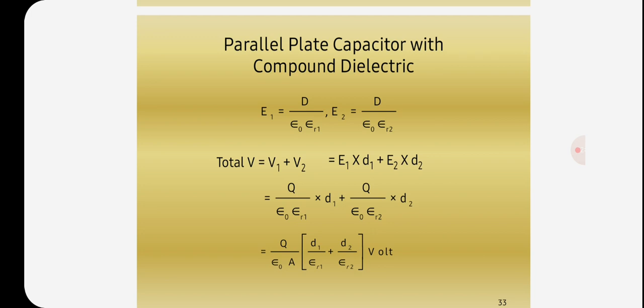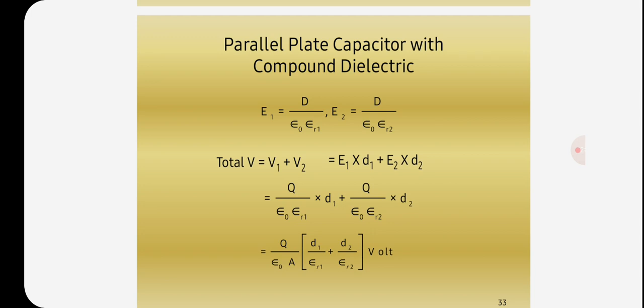The dielectric flux density D remains the same in all dielectrics. V is the potential difference across the plates, and V1 and V2 are the potential differences across the two dielectrics.